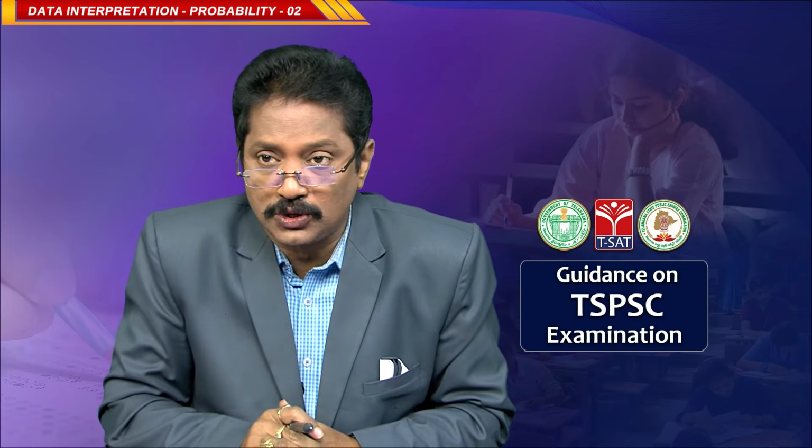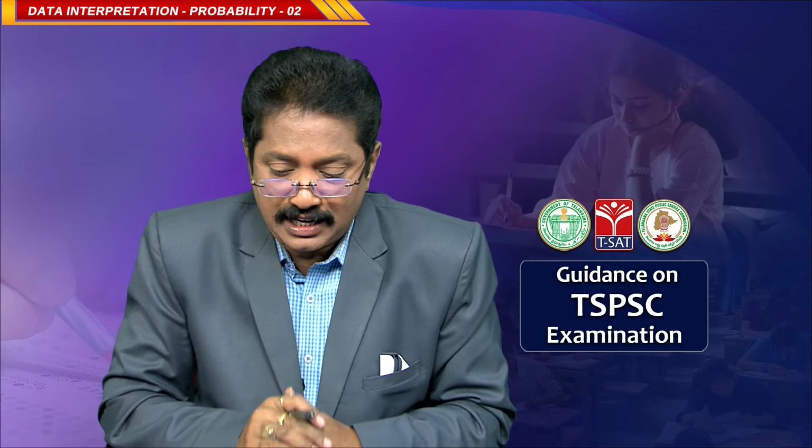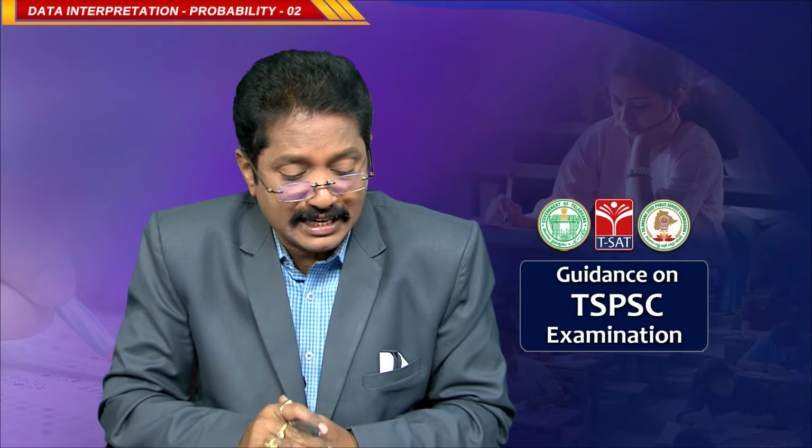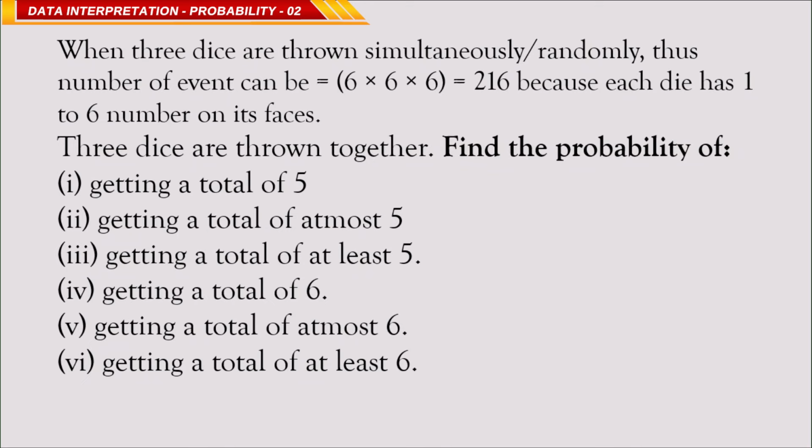When 3 dice are thrown simultaneously or randomly, see, when 2 dice are thrown, the total outcomes are 36, or simply say 6 square. When 3 dice are thrown, the total outcomes are 6 cube, or 6 times 6 times 6, of course 216. Okay.